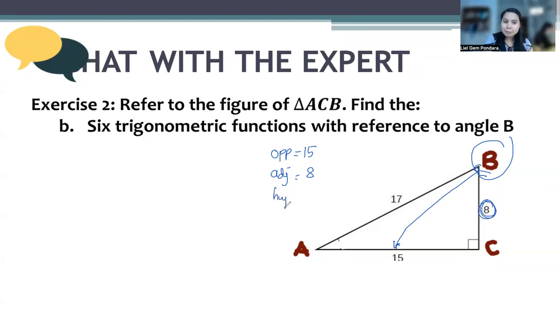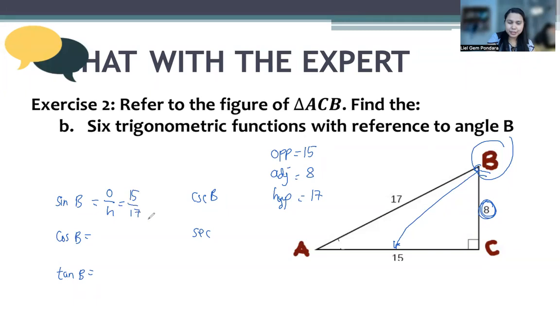How about the hypotenuse? What's the length of the hypotenuse? Very good. It's 17. Let's start. What's the measure of sine B? In the chat box, sine B. That is opposite over hypotenuse, so 15 over 17. Very good.